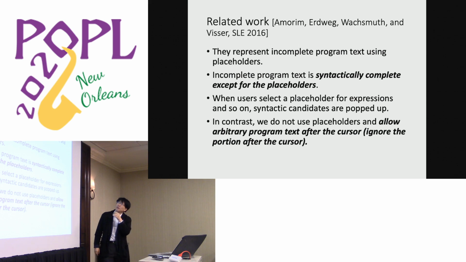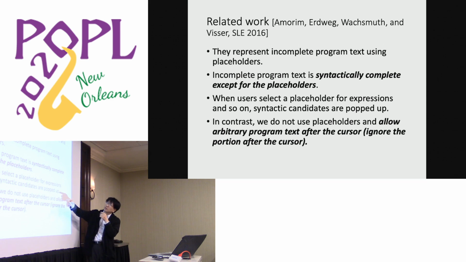There are several related works. One is this one, SLE 2016. They represent incomplete program text using placeholders. In their work, incomplete program text is syntactically complete except for the placeholders. So this is a difference with our work.